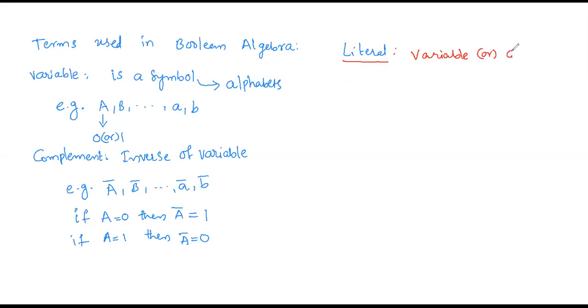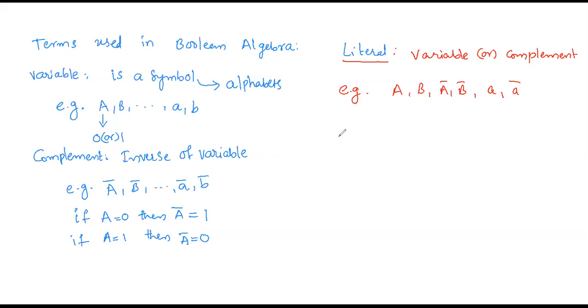Variable or complement we consider as literal. Example: A, B, A bar, B bar, like this. These are literals. Whether it is a variable or a complement, we can call it a literal.